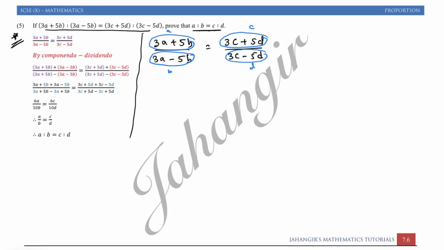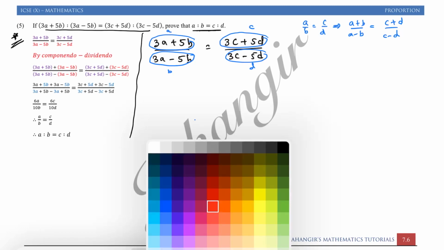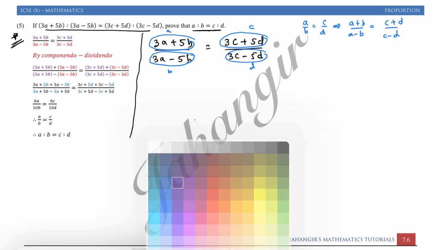As we know, if we have the a by b is equal to c by d pattern, then by componendo dividendo I can write a plus b upon a minus b is equal to c plus d upon c minus d. Mostly when we have the same terms but with opposite sign, we are going to use componendo dividendo throughout the chapter. So here I will use the same thing, componendo dividendo.